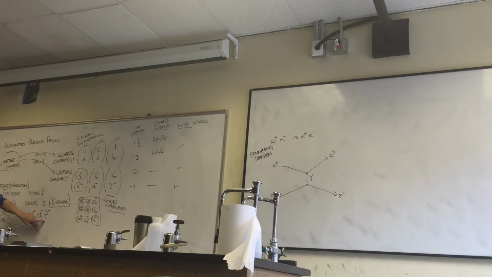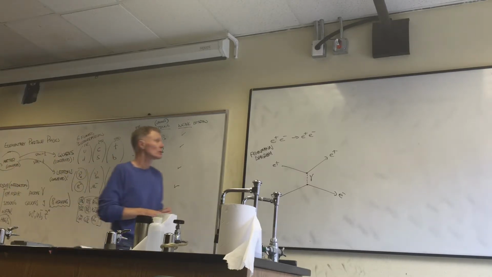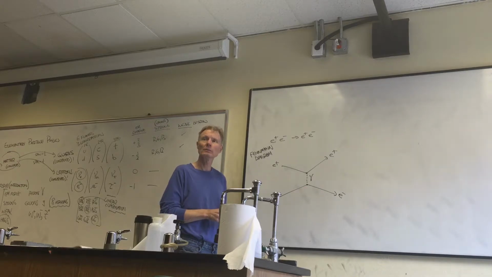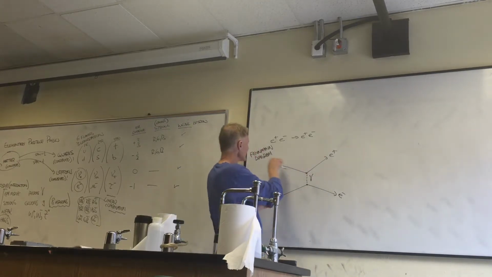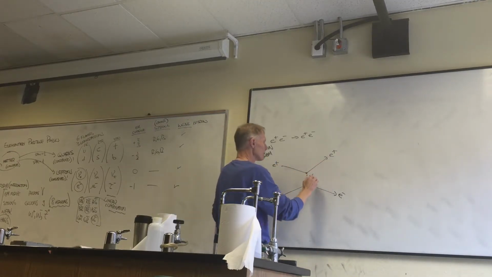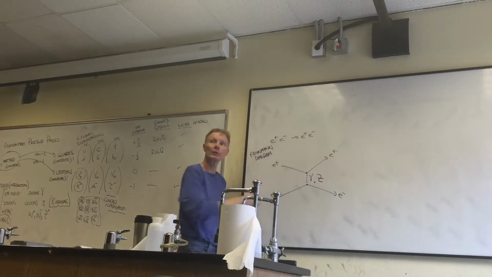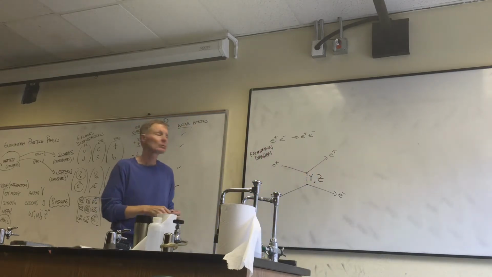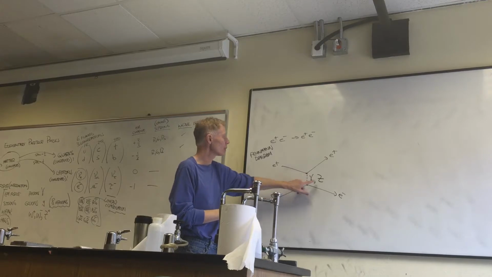The way we've got this written right now, it would have to be a Z, because why? Yeah, this went in positive and it came out positive. A W would have transferred a unit of charge. Okay, so this could be a photon or a Z.